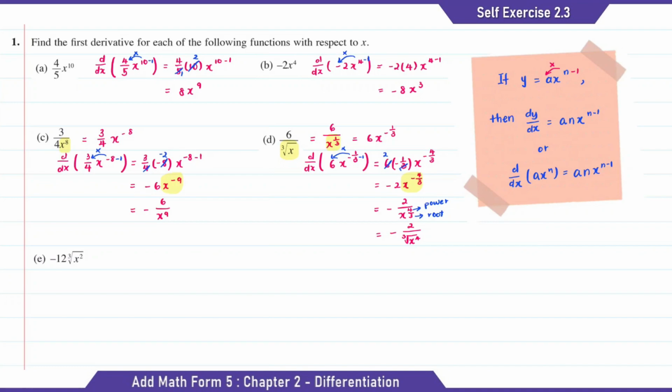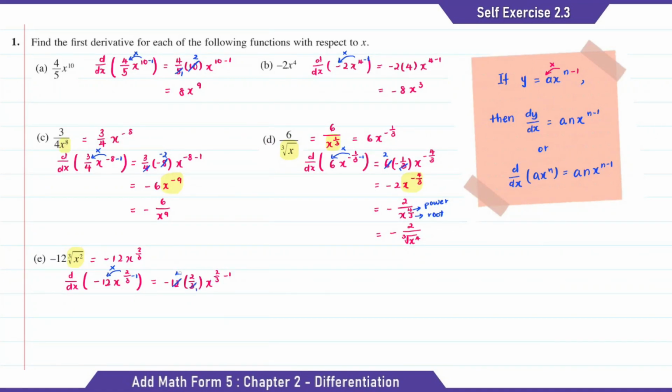Question E. Differentiate negative 12 cube root of x to the power of 2. So I can write this as negative 12 x to the power of 2 over 3. This is equal to negative 12 times 2 over 3 x to the power of 2 over 3 minus 1.